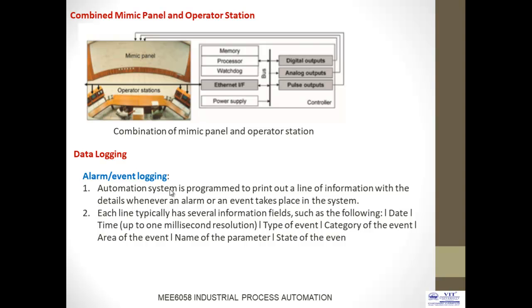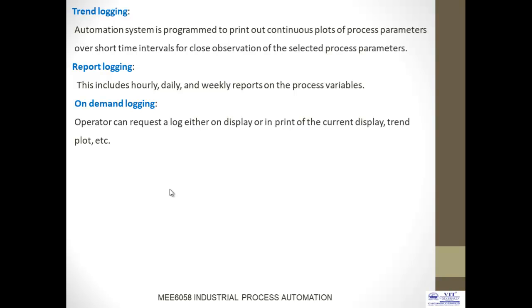Okay, with respect to the logging, different types of logging: alarm logging, event logging, and second is trend logging. That means with respect to plots, with respect to graphs. Here trend logging indicates you have to take the graphs more continuously. Let's take a certain time. For example, every 5 minutes I want to record the temperature. Is it possible? Yes, it's possible.